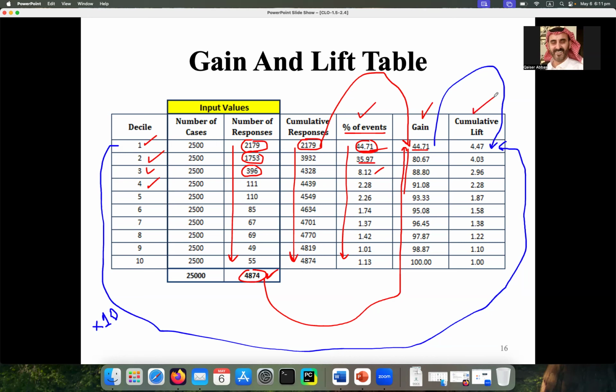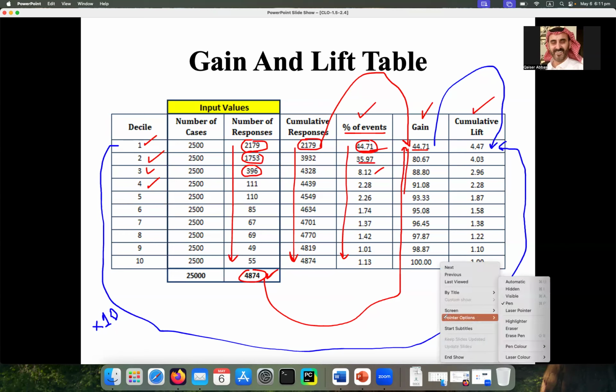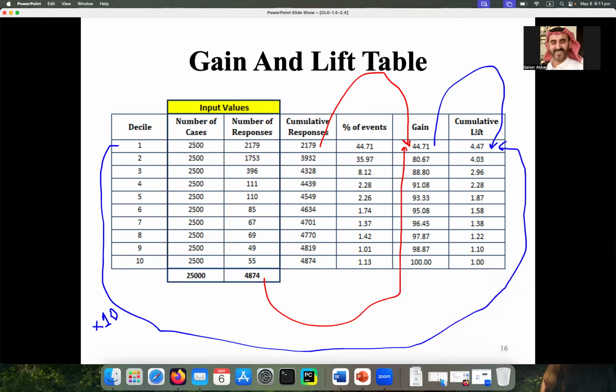Now, what is lift, or you can call it cumulative lift? How are we calculating this value, 4.47? I have already drawn these lines here. This value is divided by the percentage of this decile.